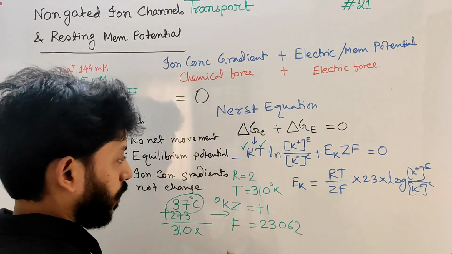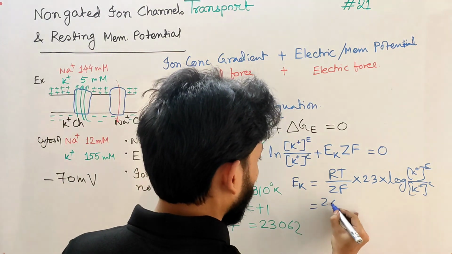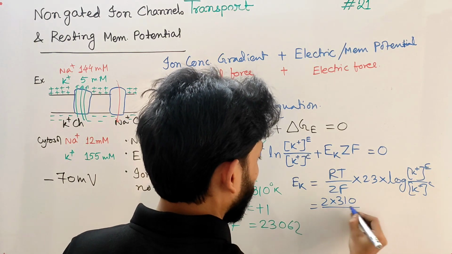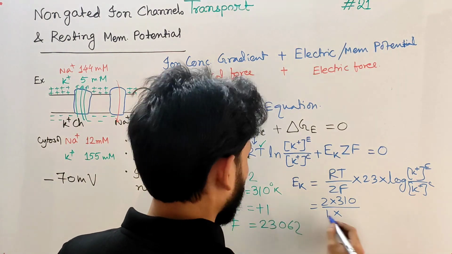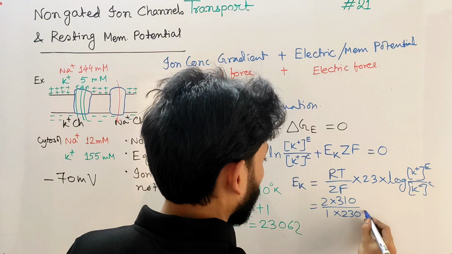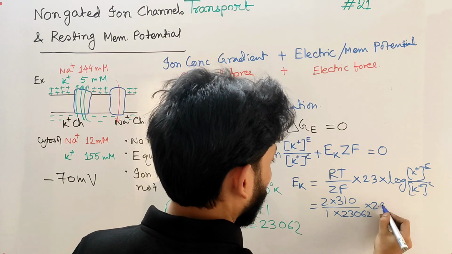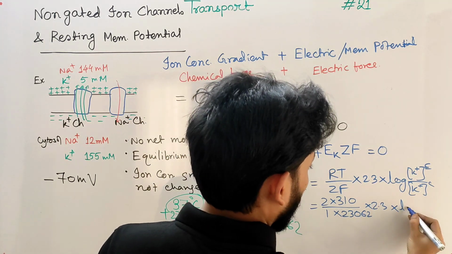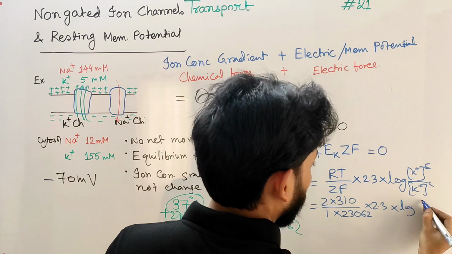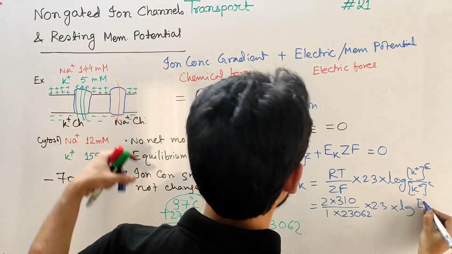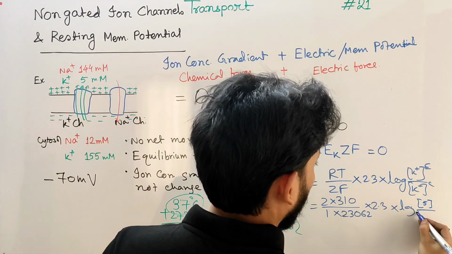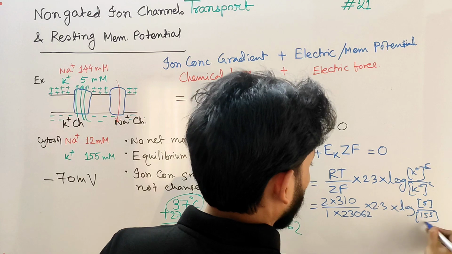So if we put in all these values, we will get 2 into 310 divided by 1 into F, that means 23062 into 2.3, and the log value of exterior potassium, which is 5 millimolar, divided by 155 millimolar.